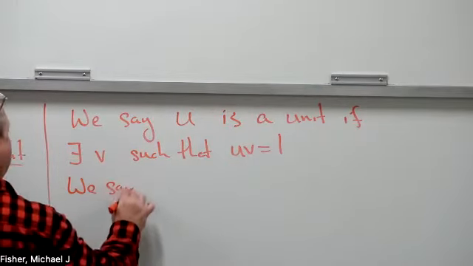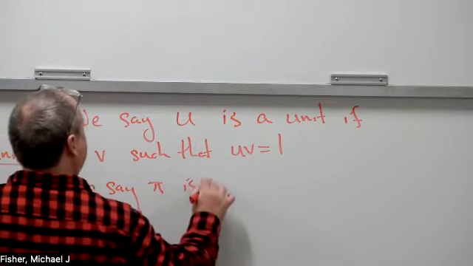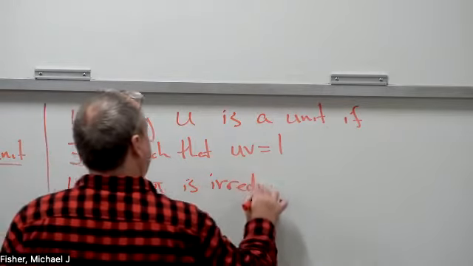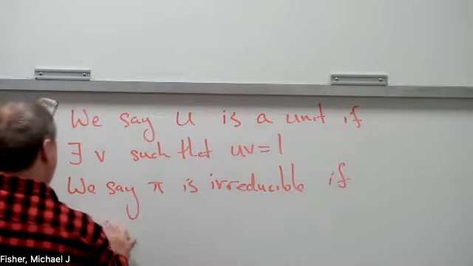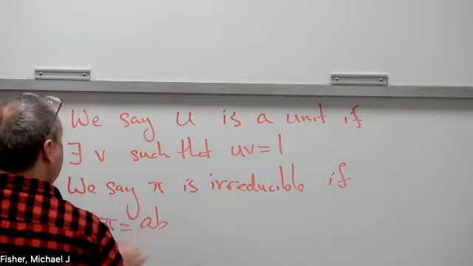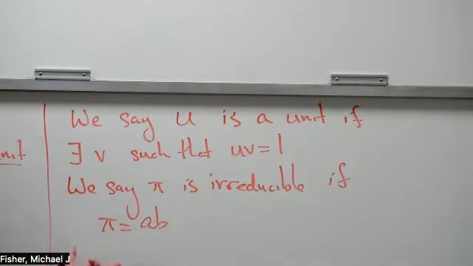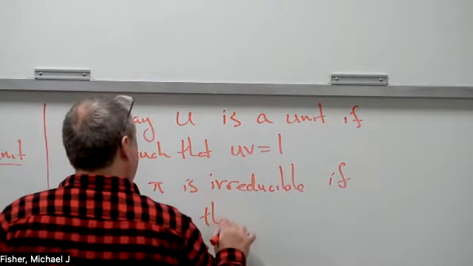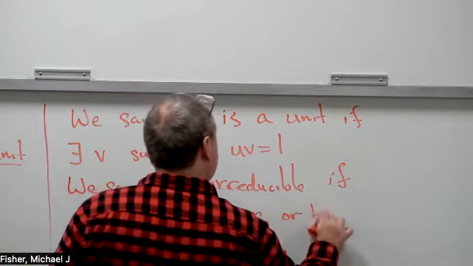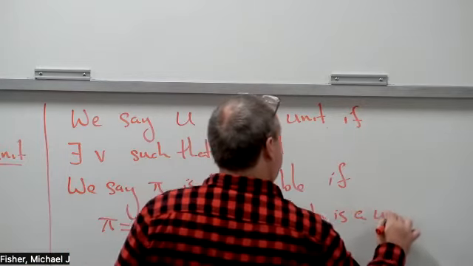We say pi is irreducible if pi can be decomposed into two things in my structure, be it a monoid or a domain, then A or B is a unit.